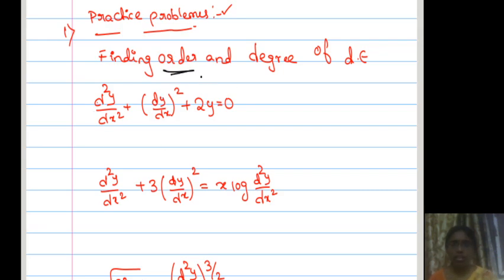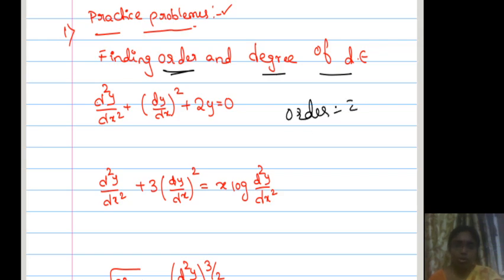What are the questions here? Order and degree of a differential equation. So how to think about order? What is the highest derivative? What I discussed just now, the highest derivative. What is the highest derivative here? It is the first derivative, second derivative. First of all, is it in the standard form, a polynomial of derivatives? Yes, there are no fractional powers like that. So directly I can see the highest derivative is what here?